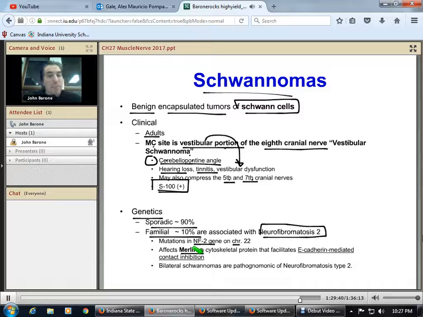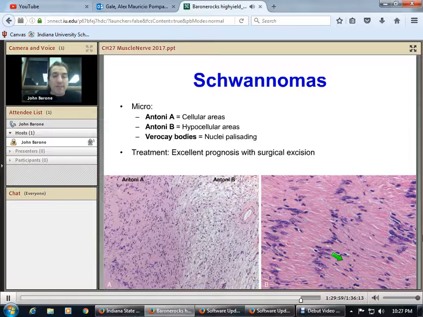We found out Merlin's important for contact inhibition. So when cells grow and touch each other, Merlin says stop growing. If I knock out Merlin, my cells grow and grow and grow on top of each other, and you get tumors because you lose contact inhibition. If you ever see bilateral schwannomas, it's pathognomonic for neurofibromatosis type 2.